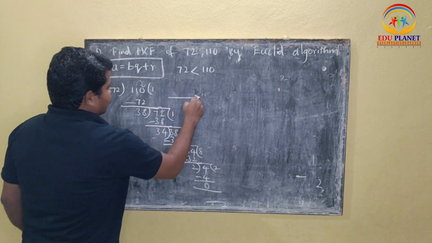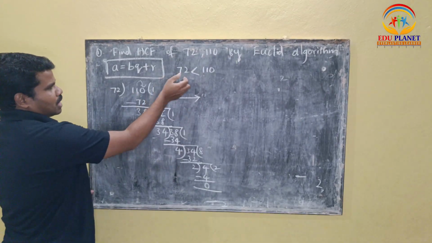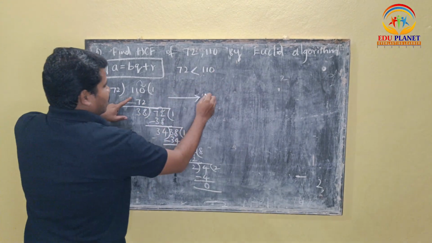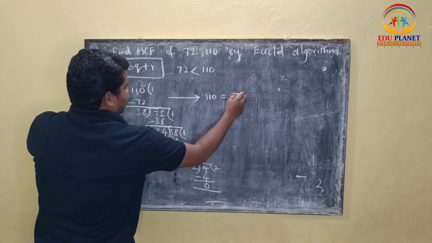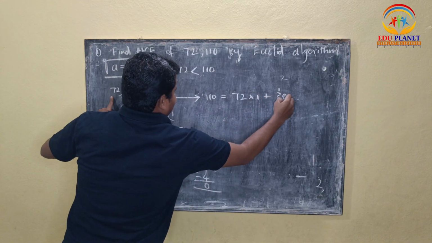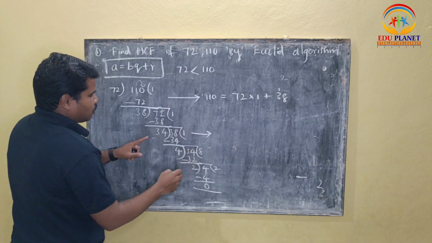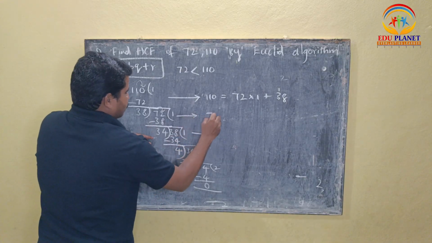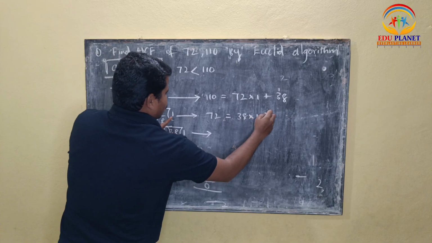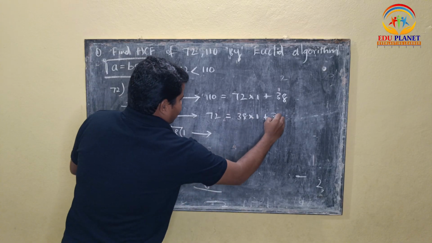We need to write the statements here by following Euclid division algorithm. That is, dividend equals divisor into quotient plus remainder. Next, here also, 72 dividend equals divisor into quotient plus remainder.